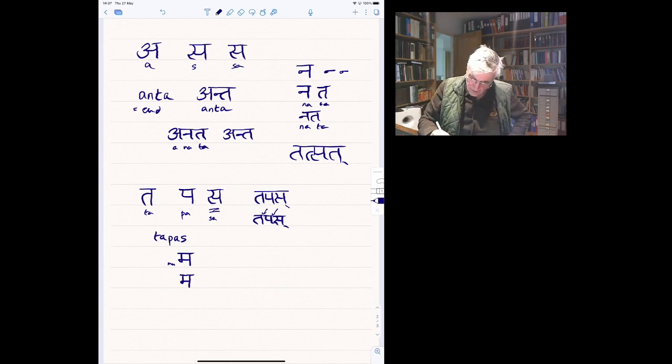This is ma. Now a bha, the aspirated b, is almost the same, but it's written like this. Watch this. Bha. That's it. I haven't written that very well. Bha. It's like the m, but the top crossbar is broken.